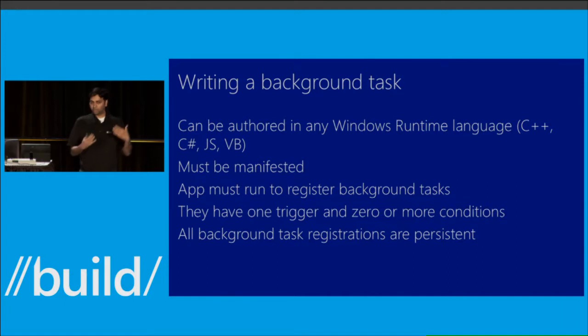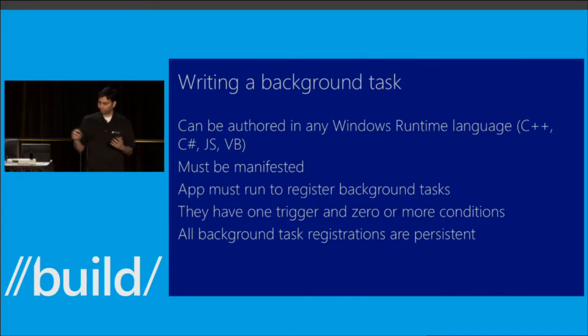So when you write your background task in the manifest, all of this goo is happening in the background automatically. What we do is we register your entry point with COM so that COM knows what this class is, what the class ID is, generates a GUID for it, and generates a host executable and all of that. So all of this is happening in the background, and that is another reason why we need entries in the manifest.